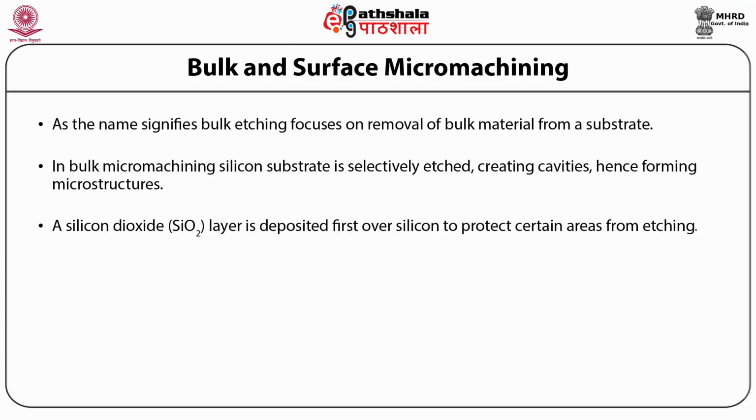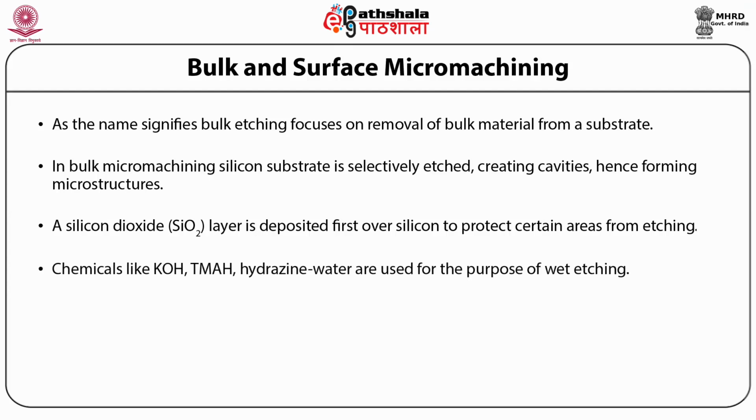As the name suggests, wet etching involves the use of aqueous chemicals which etch the wafer surface away. Chemicals like potassium hydroxide, TMAH and hydrazine water are used for wet etching.